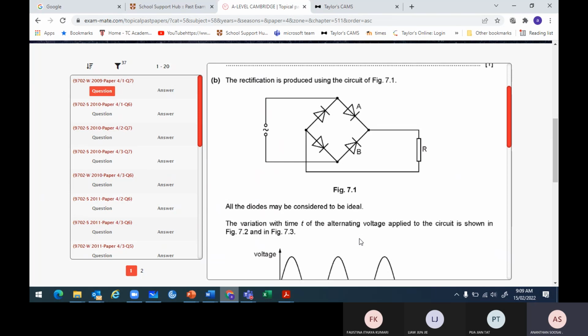Okay, so how to do this? I need to show you. Let's say the upper terminal is positive. We go for A first.